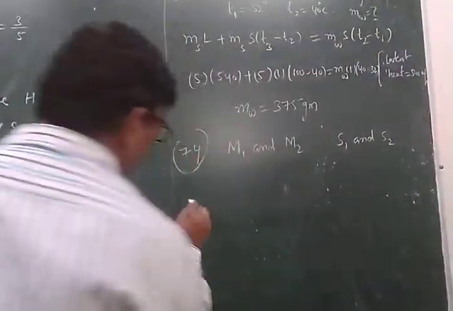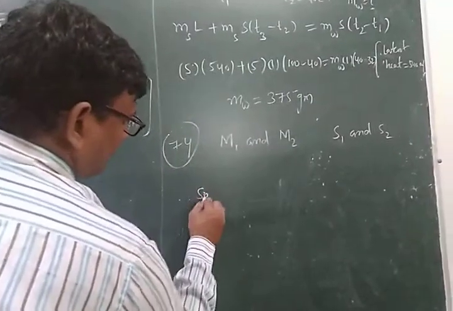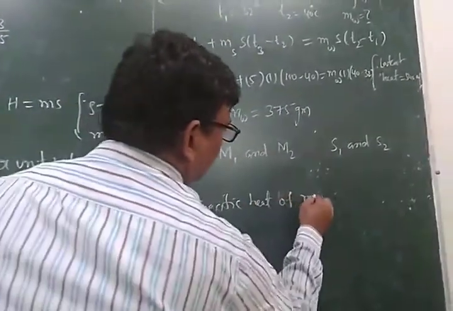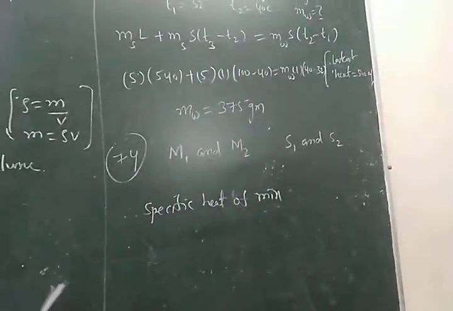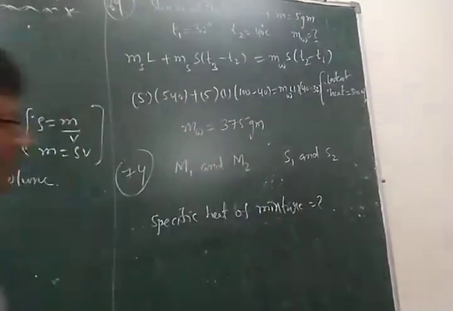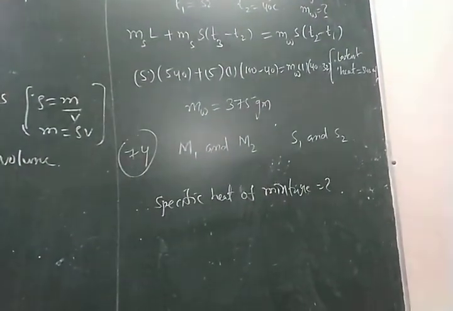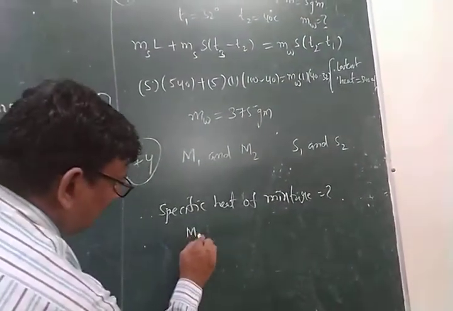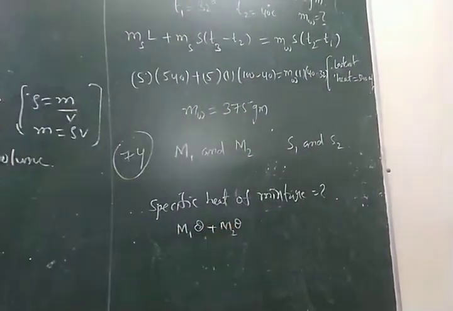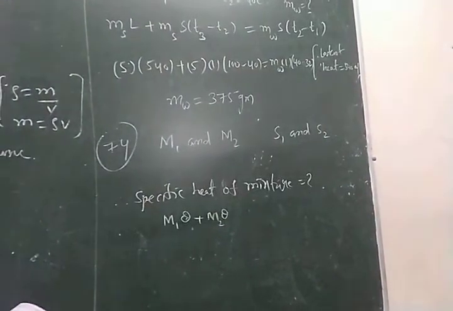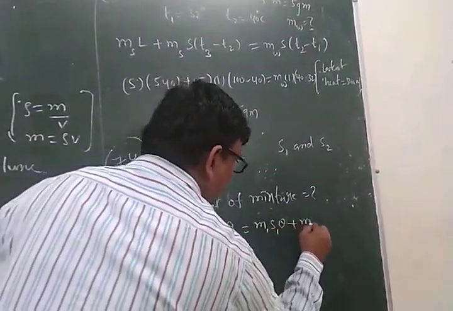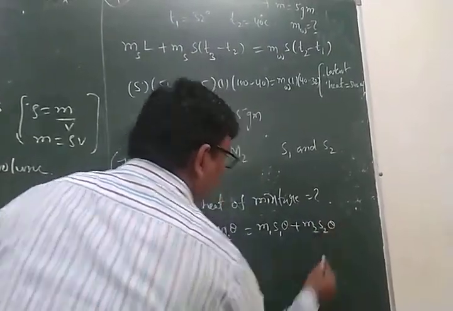We know the formula. Therefore, the specific heat of the mixture: (M1 theta plus M2 theta) S equals M1 S1 theta plus M2 S2 theta.